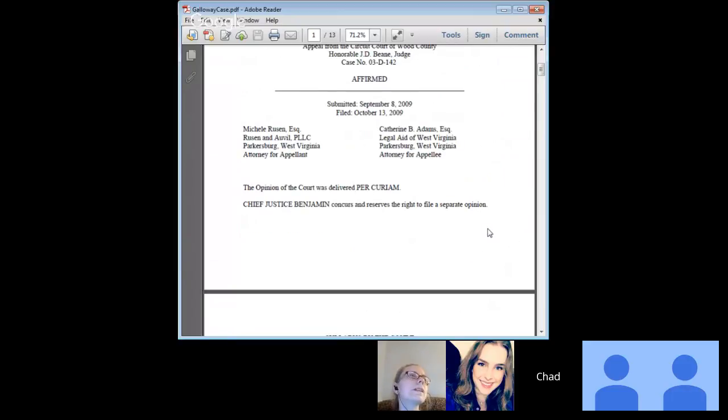Have we talked about what per curiam was? I think we have, maybe in different classes, but in this class, it means it's an unsigned opinion. No one in particular wanted to put their name on it, but at least the majority decided that was true, except for the Chief Justice. He writes a concurring opinion, and he files it, and I had you read it.